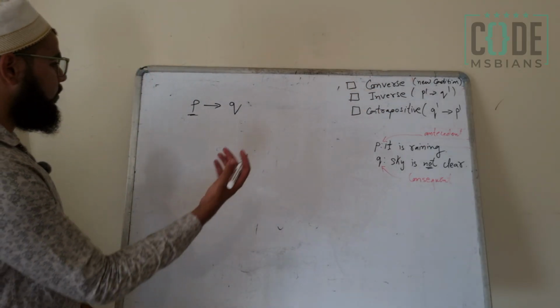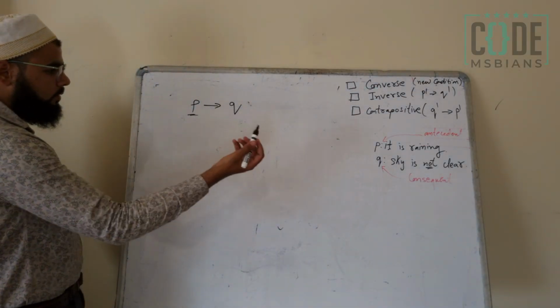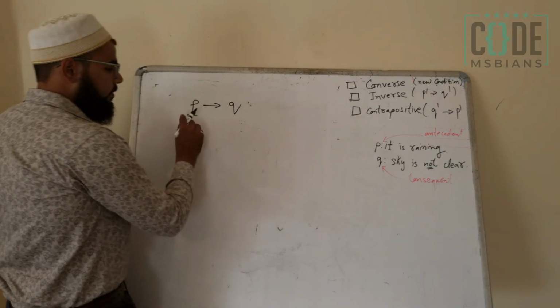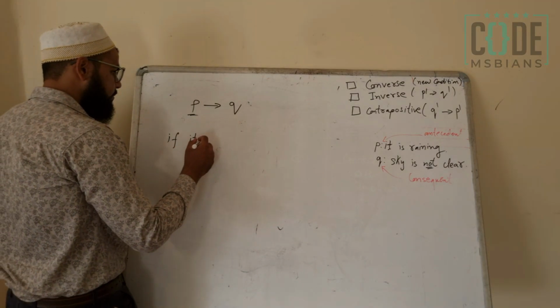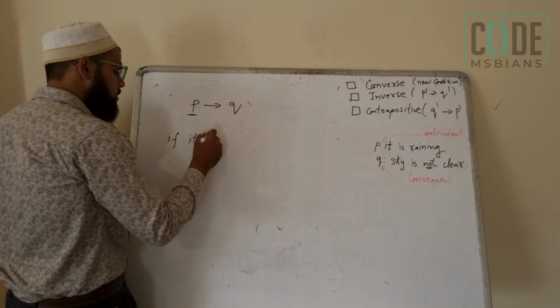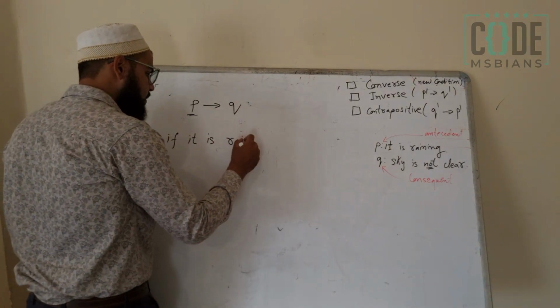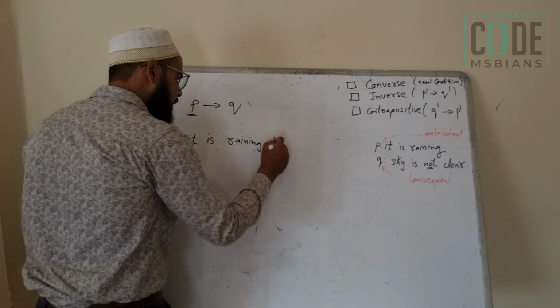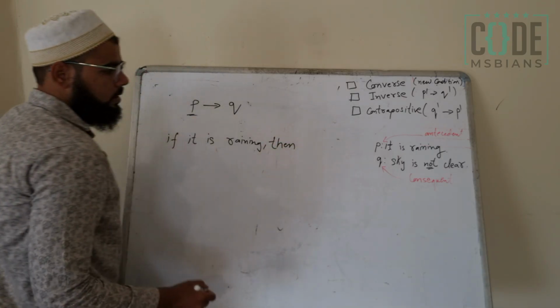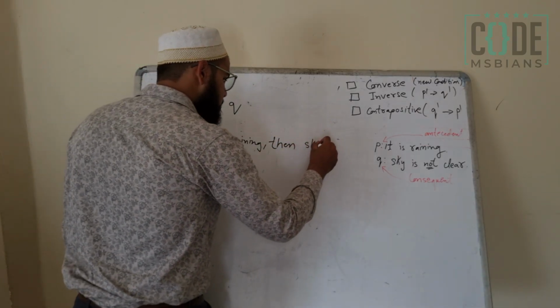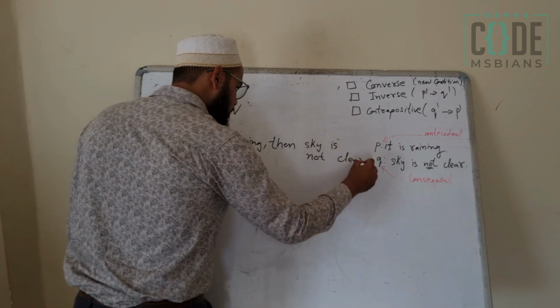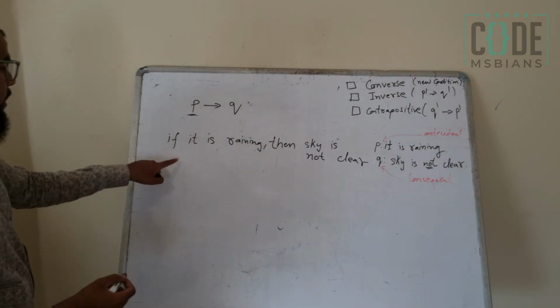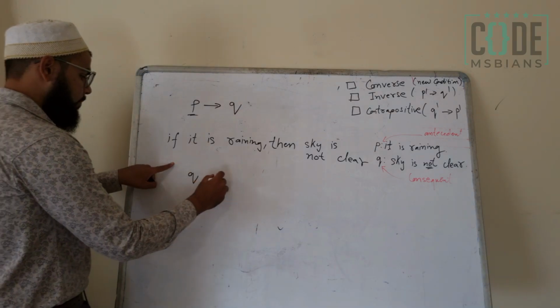First we will write the general statement. If it is raining, then sky is not clear. Now how can we interchange it? We can put Q here and P here.